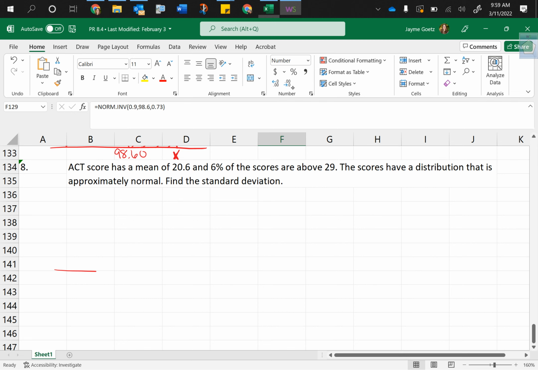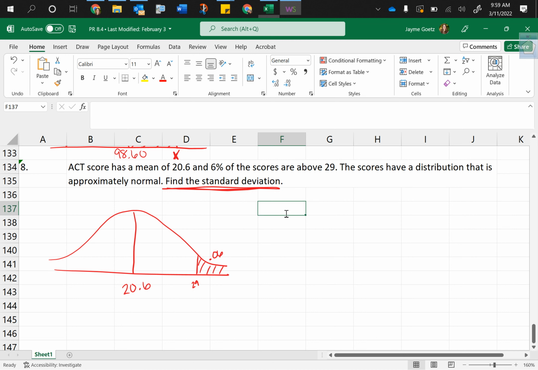So what we're going to have to do is start by figuring out the corresponding z value to this x value here. Okay, that's going to sound weird, but we need to figure out what z value, like if my mean was 0, what would this z value be? To do that, we're going to have to revert back to my norm.s.inv.